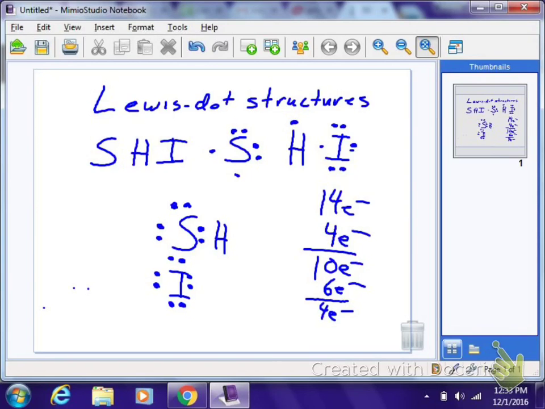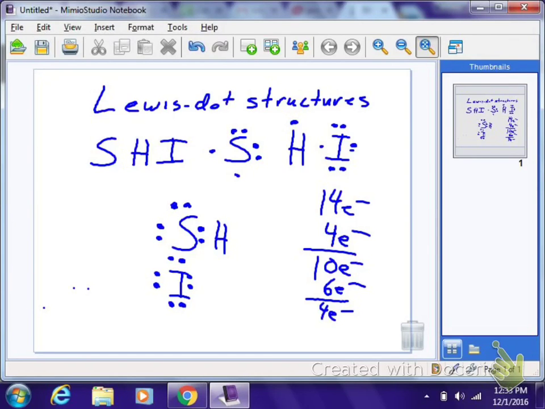If, after you're done with number 5, everything has 8 electrons around it, you're good to go. You're done. If you get to 5 and you notice that the central atom does not have 8 around it for some reason, and that'll be tomorrow, then you need to continue on and do number 6, but we won't do that today. We have an easy day. We'll just deal with showing these structures.